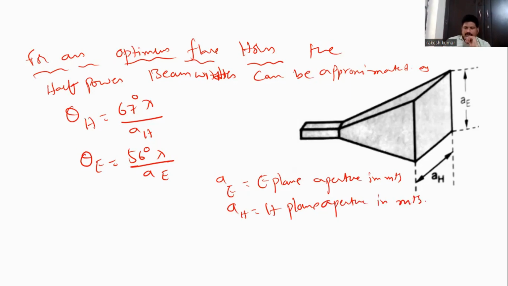Assuming that there is no loss, the directivity in terms of effective area is given by D is equal to 4 pi A by lambda square.